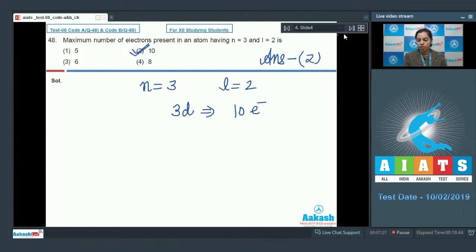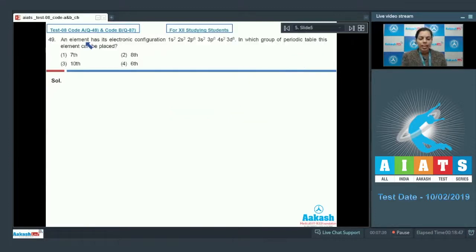And after this, it's the turn of question number 49. An element has the electronic configuration 1s2, 2s2, 2p6, 3s2, 3p6, 4s2 and 3d8. In which group of the periodic table can this element be present? In this question we have to look at the last part of the electronic configuration, that is 4s2, 3d8.